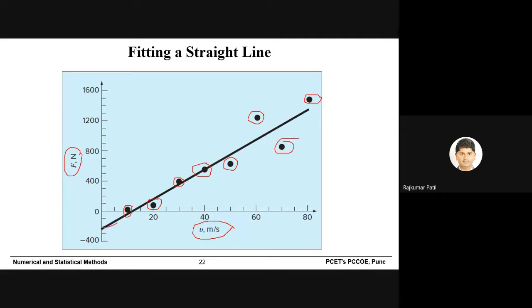You can see a black color straight line. That line is drawn in such a way that the distance between the curve and the points will be as minimum as possible. That care we have taken while drawing the straight line, and we know that the least square regression will help in this regard.